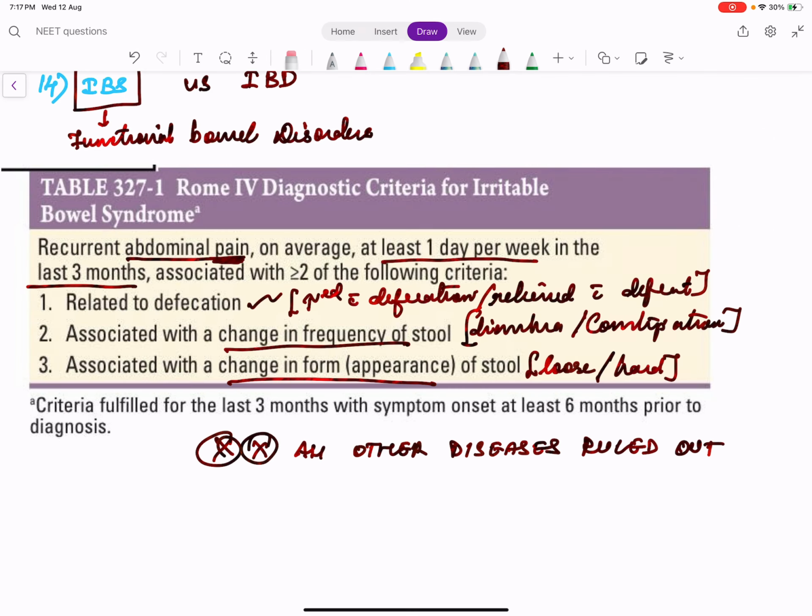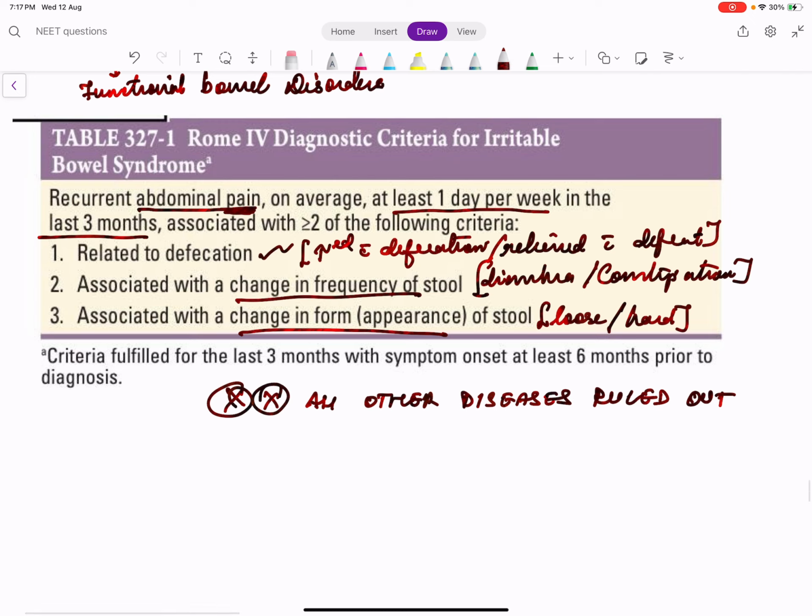Okay, for example, I am telling a person having abdomen pain, chronic abdomen pain for the past 6 months. He is having bloody diarrhea daily. Okay, this picture mostly goes in favor of a Crohn's disease, right? So until and unless you rule out Crohn's disease, unless you rule out the other diseases, you cannot say that it is IBS.